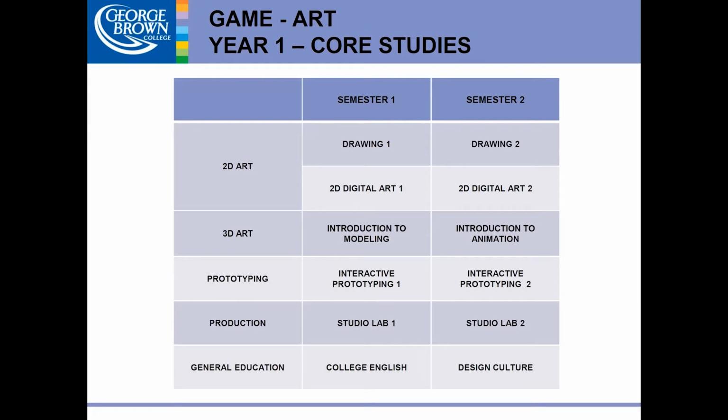Very cool. As you can see, in the first year of the program, students are also going to learn modeling and animation. And those are both introductory courses. I think these courses are fundamental for students to decide what they want to specialize in the following year. So students will typically use what they learn in these courses to decide whether they want to specialize in modeling or specialize in animation.